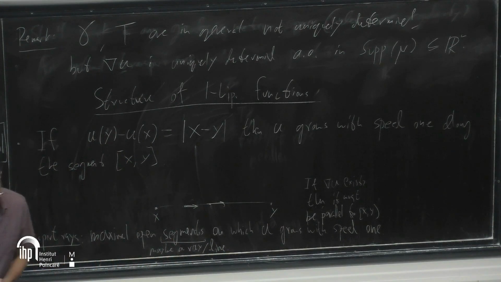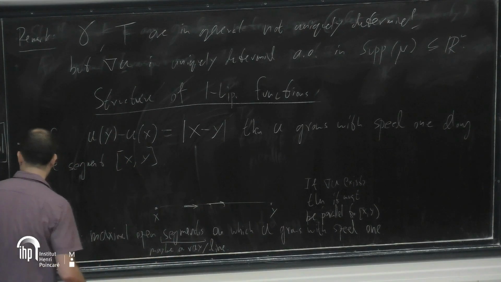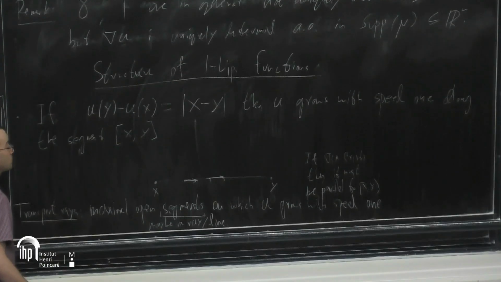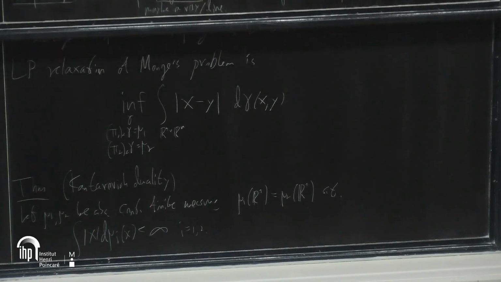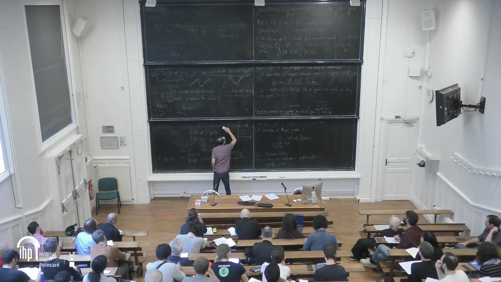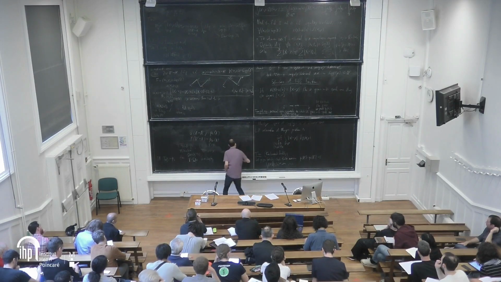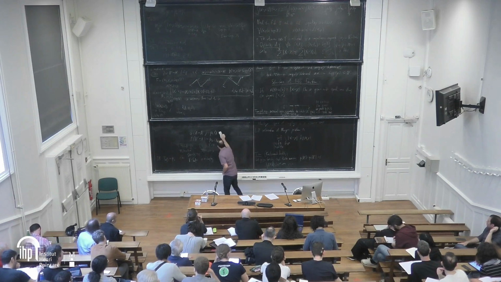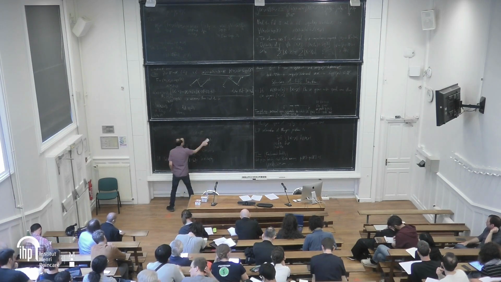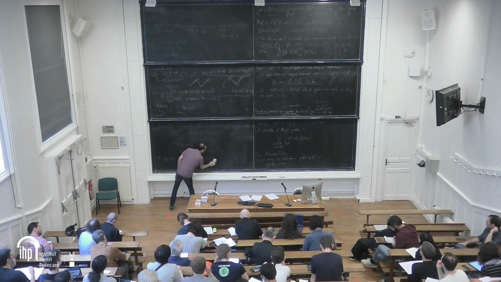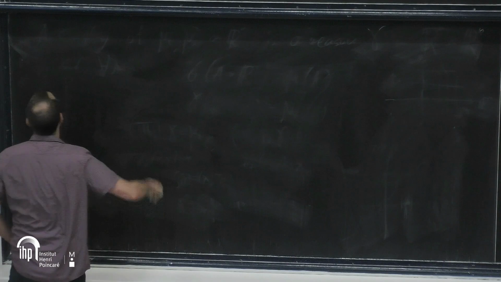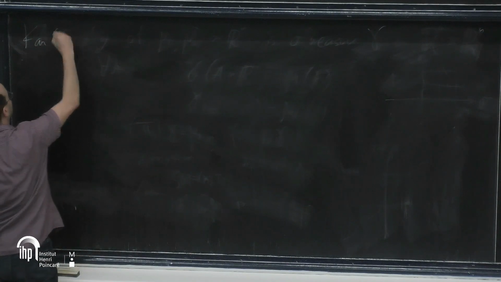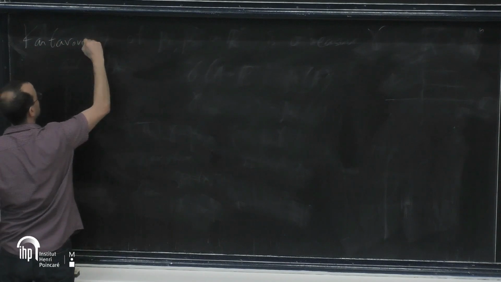And what we understand from Kantorovich duality, for Kantorovich duality, we understand that transport happens along transport rays.